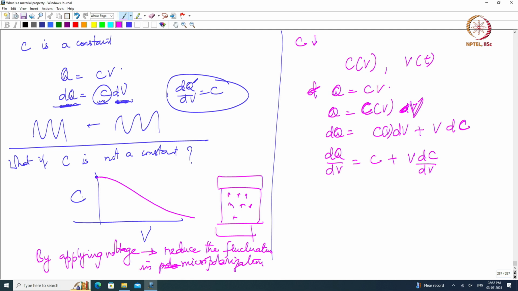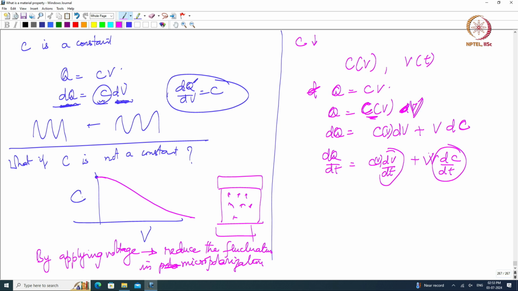Let us write it the other way. Instead of writing it with respect to V, let us say dq by dt equals C dV by dt, this I am applying, I know what this is, plus V dC by dt.